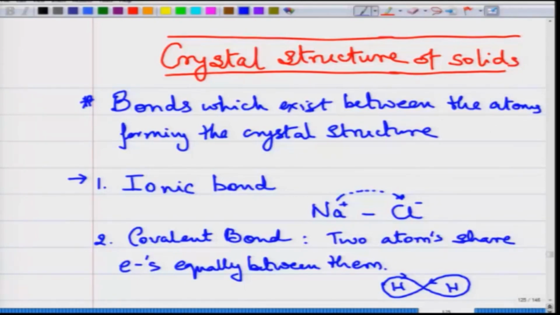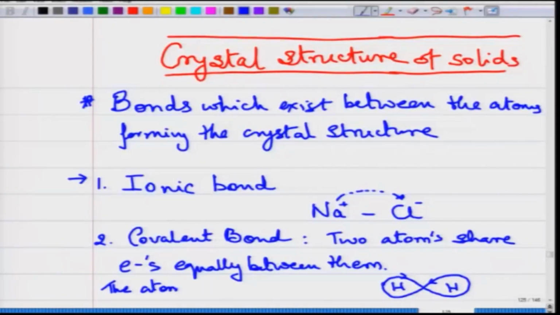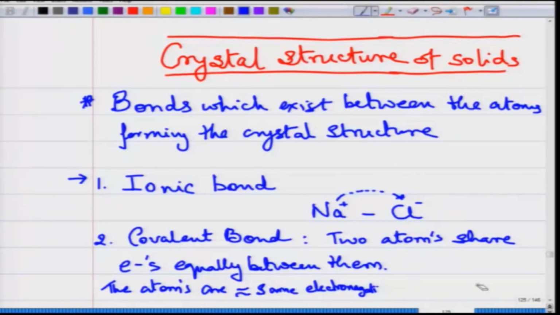Similarly, there are solids in which very strong covalent bonds exist, and again in those you have atoms which are equally sharing the electrons between them. The two atoms have approximately the same electronegativity.